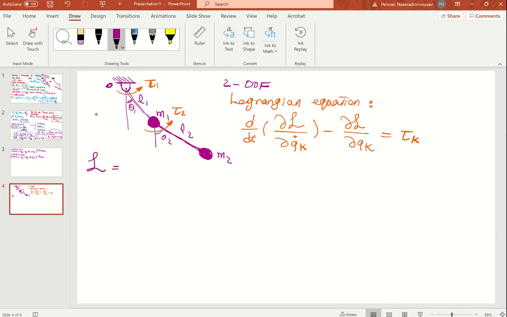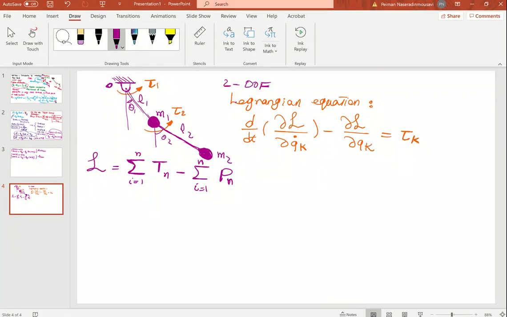The Lagrangian is defined as follows. If you have a robotic system composed of n links, or an n degree of freedom system, it is the sum of the kinetic energy, T_i, from i equals 1 to n, minus the sum of the potential energy, from i equals 1 to n.